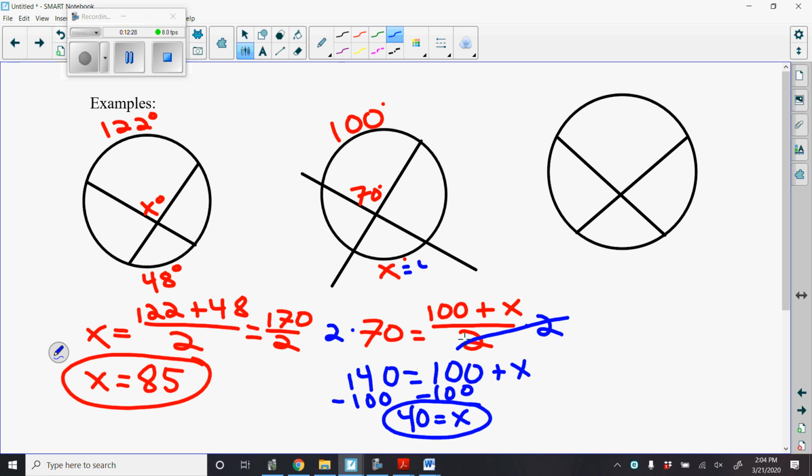You can always go back and check to make sure it's right, because bend 100 plus 40 is 140. 140 divided by 2 makes 70. Just be aware that these two problems have the same equation, but here x represented the angle, so x was right here. Here x represented a bend, so x was up here. Okay. Let's try another one.